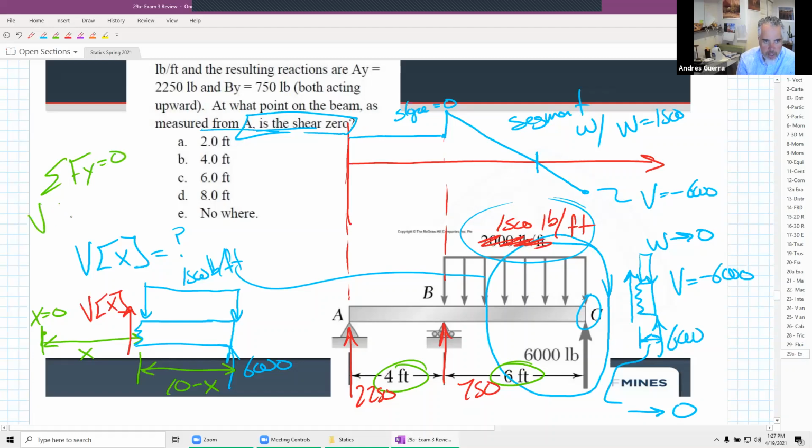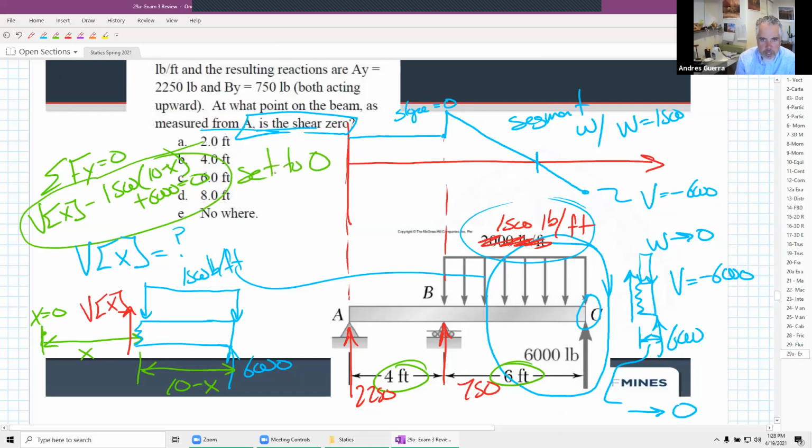We've got V of x minus 1,500 times (10 minus x) plus the 6,000 is equal to 0. So we set our equation to 0, 1,500 times (10 minus x) minus 6,000 equal to 0, and we will find what value of x we need where the shear is equal to 0.